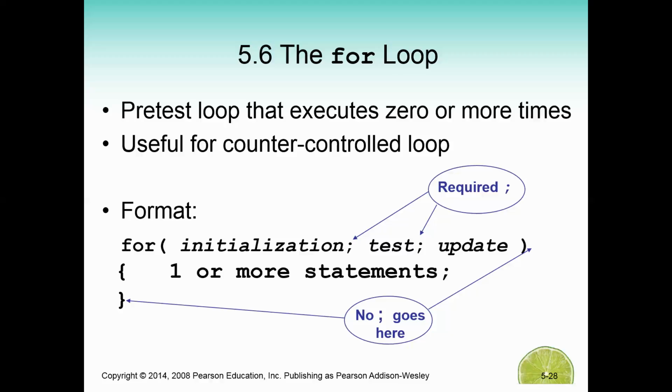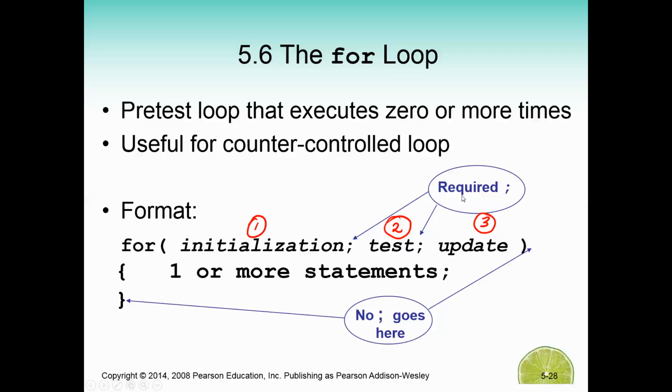It's going to be made of three parts. I told you it's a bundle. First is the initialization part. We also put a semicolon, and then we put the test, the condition, and then an update section. So it has three different parts in one.